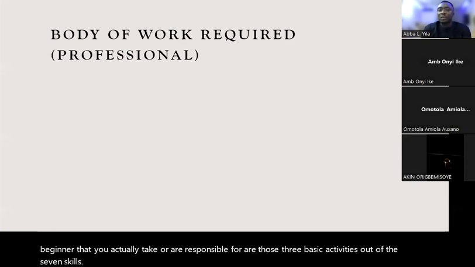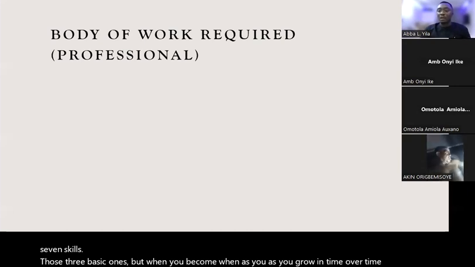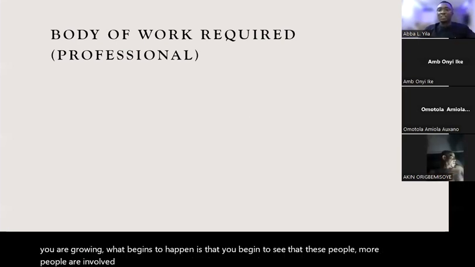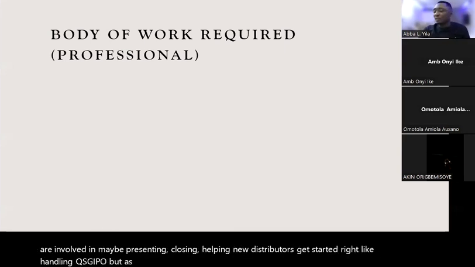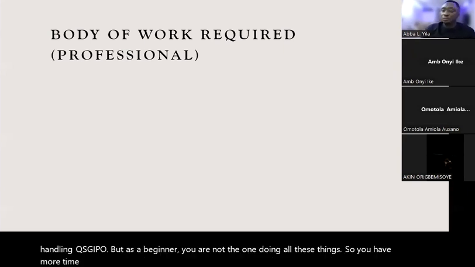But as you grow over time, more people are involved in presenting, closing, helping new distributors get started, like handling QSG, IPO. But as a beginner, you're not the one doing all these things. So you have more time to do those things.